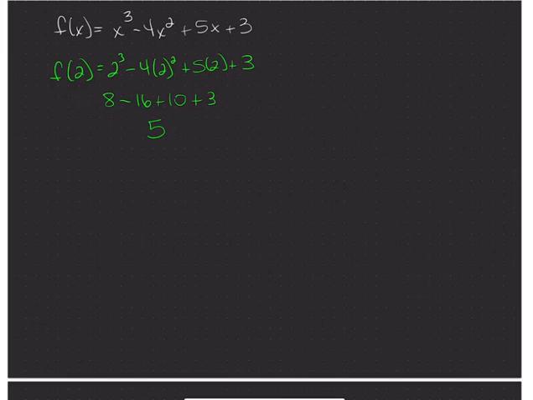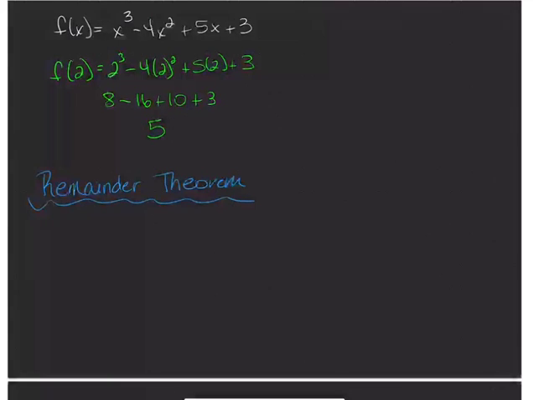So there is this really cool thing, and it's called the remainder theorem. What the remainder theorem says is, if you do synthetic division, whatever your remainder is would also be the solution.